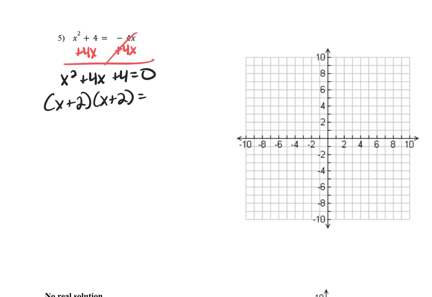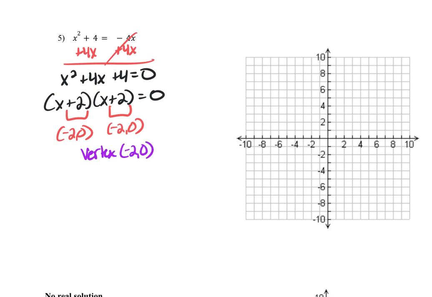That multiplies to 4, positive 4, and adds to 4. And again, since I am seeing both of these guys are exactly the same, I'm going to get just one x-intercept, which tells me that that is also going to be my vertex.